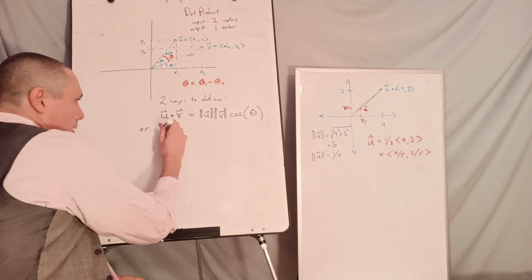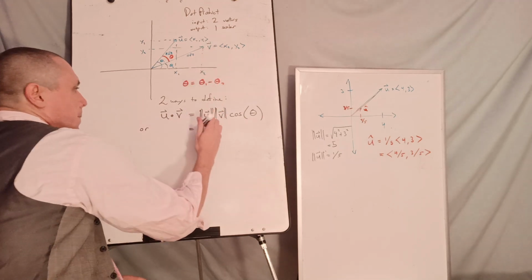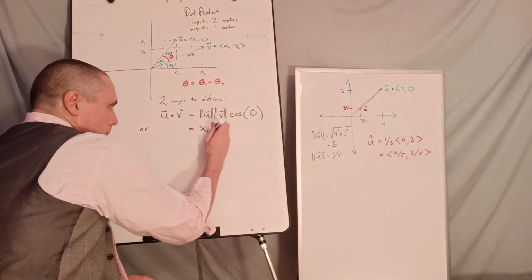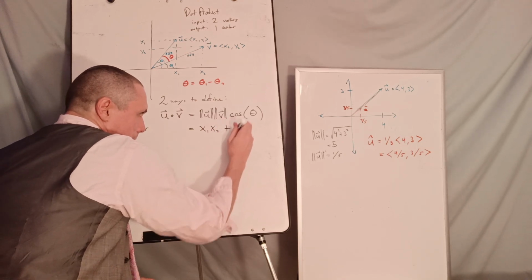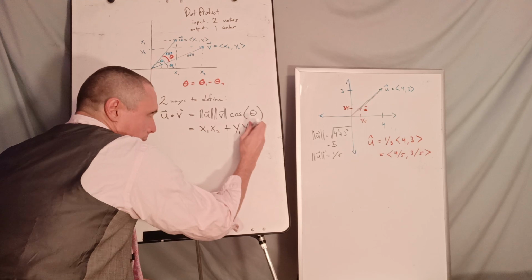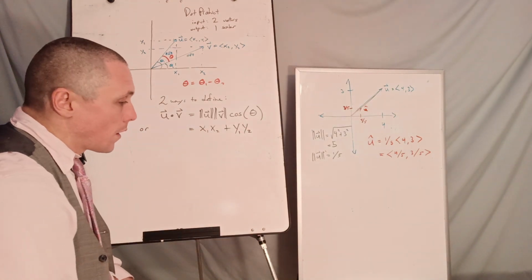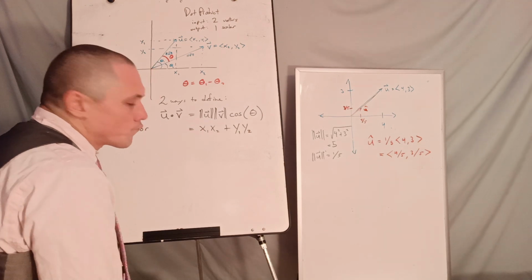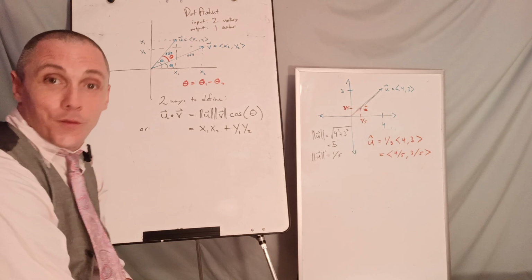Or, likewise, this is also going to be the product of the x values plus the product of the y values. And when I say it can be defined either way, I mean these two things are equal. Are they? I mean, they look quite different than one another, don't they?